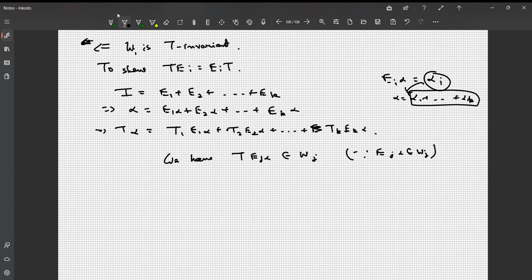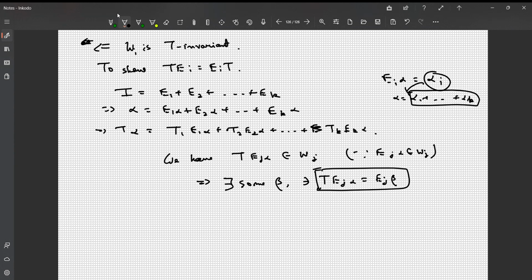So if T Ej alpha is an element from Wj, and Wj is the range of Ej, then obviously that implies there exists some vector beta such that T of Ej alpha is Ej beta, right? Because Wj is the range of Ej, so it consists of all those elements which are images under Ej.